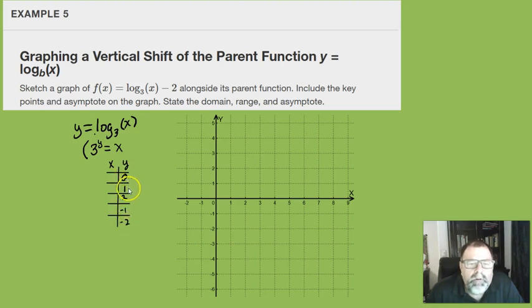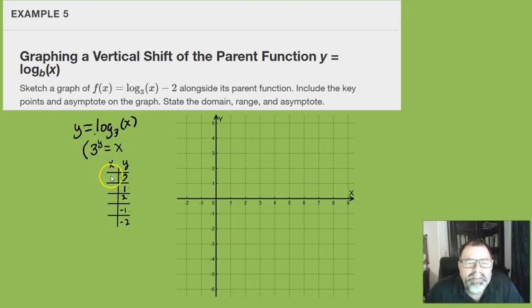Again, you can just do 0, 1, negative 1, but if it's a small base, I like to go out to 2. So if it's a small base, meaning just 2 and 3, I'll go out. I'll do 2 and negative 2. But everything else, I'm going to do 0, 1, and negative 1.